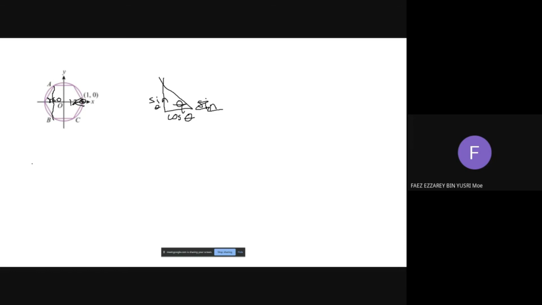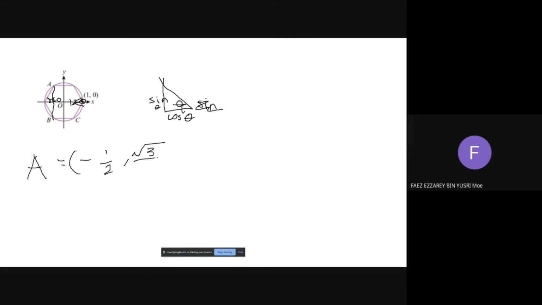So basically, for A, the coordinates will be in the second quadrant, where only sine is positive. So the y coordinate will be root 3 over 2, and the x coordinate will be -1 over 2.